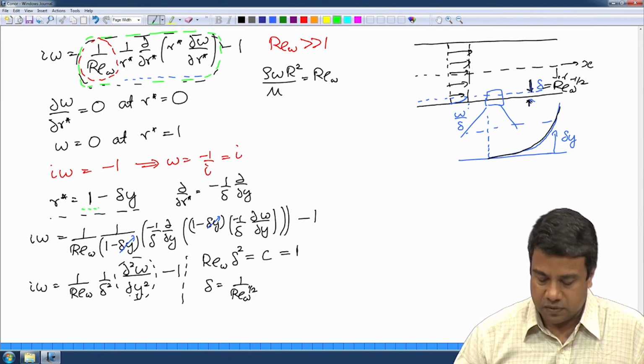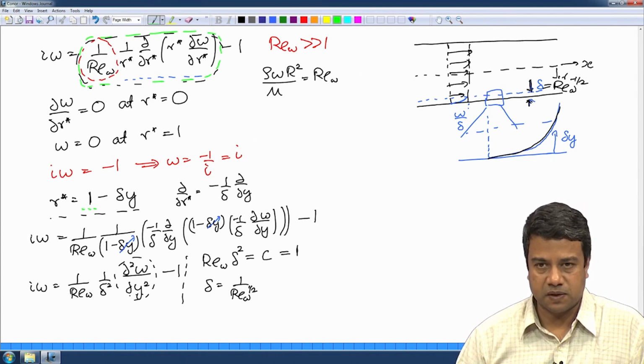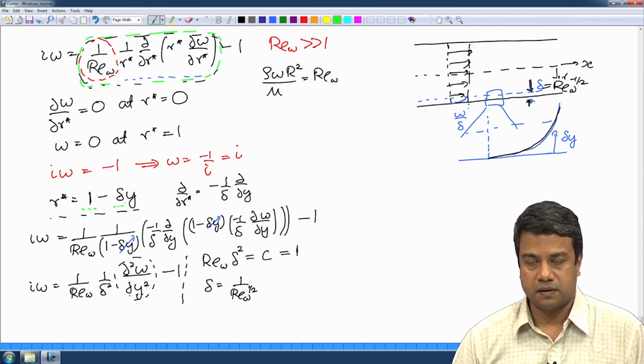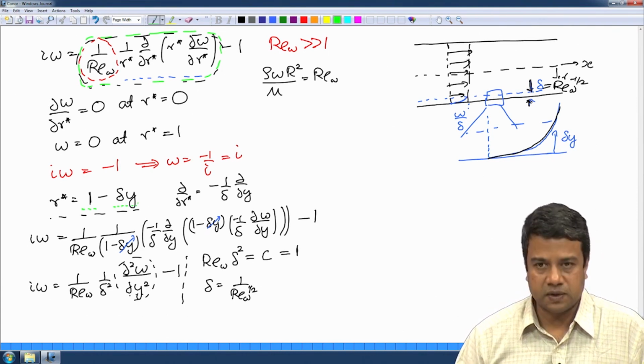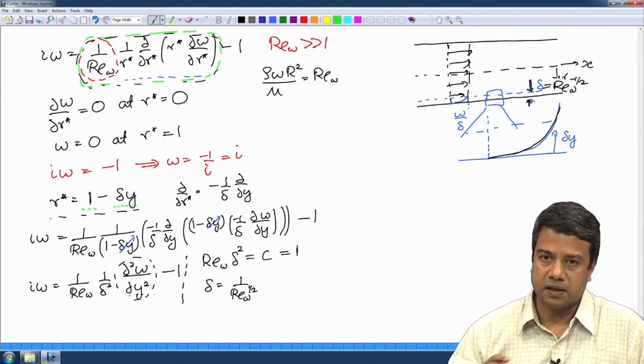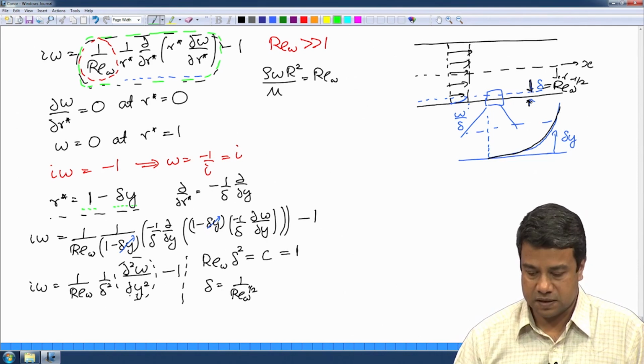Close to the wall, it is going to be equal to 1 minus some small number. That small number we had rewritten as the scaling factor delta, which decreases as the Reynolds number increases, times this coordinate y. The coordinate y continues to be of order 1 in the limit as the Reynolds number becomes large. It is the scaled distance from the wall.